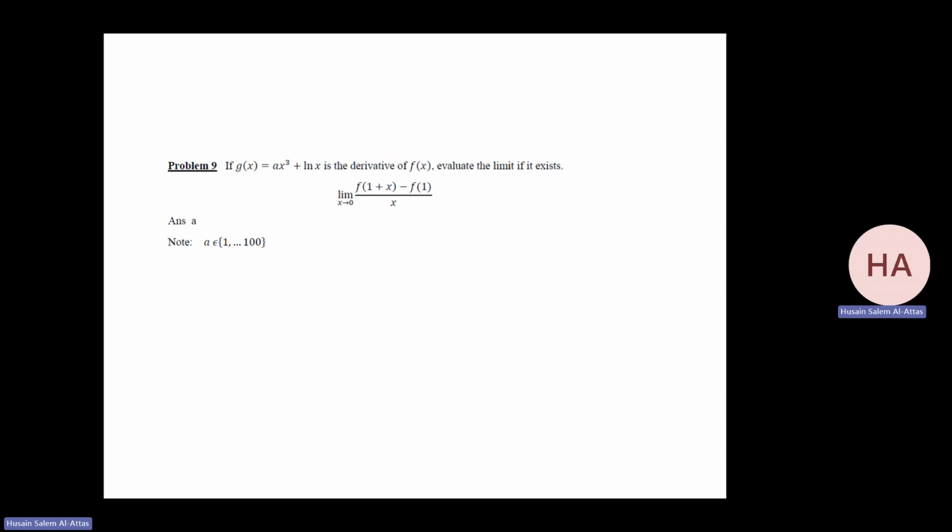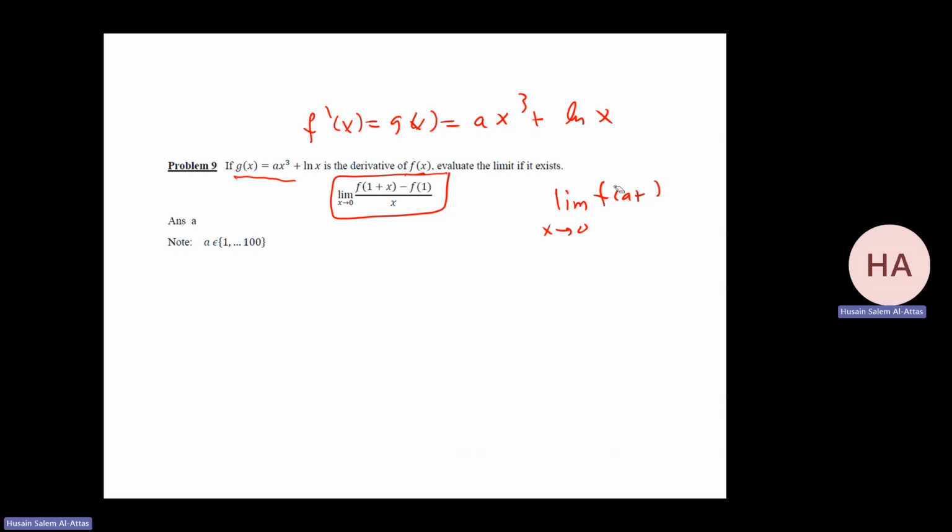Here he said, I don't know what the function is, but I know the derivative. I know that f prime is equal to g of x, which is ax cubed plus ln x. Now I want this expression. If you look at it, this is the same as f of a plus h minus f of a over h.